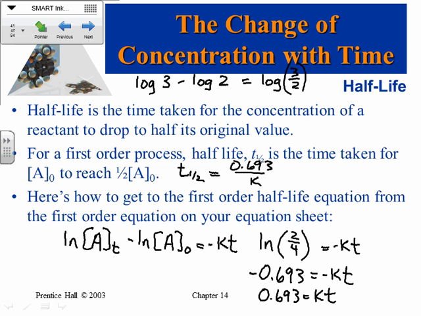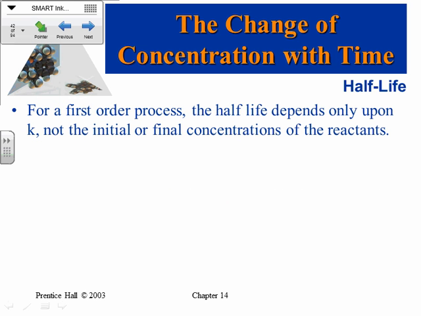It takes another billion years for it to decay from 50 grams down to 25 grams, okay? Because it's a first-order process, the decay rate is not affected by the concentration. Now that's not the case for a second-order reaction, but first order is usually when we're talking about half-life.